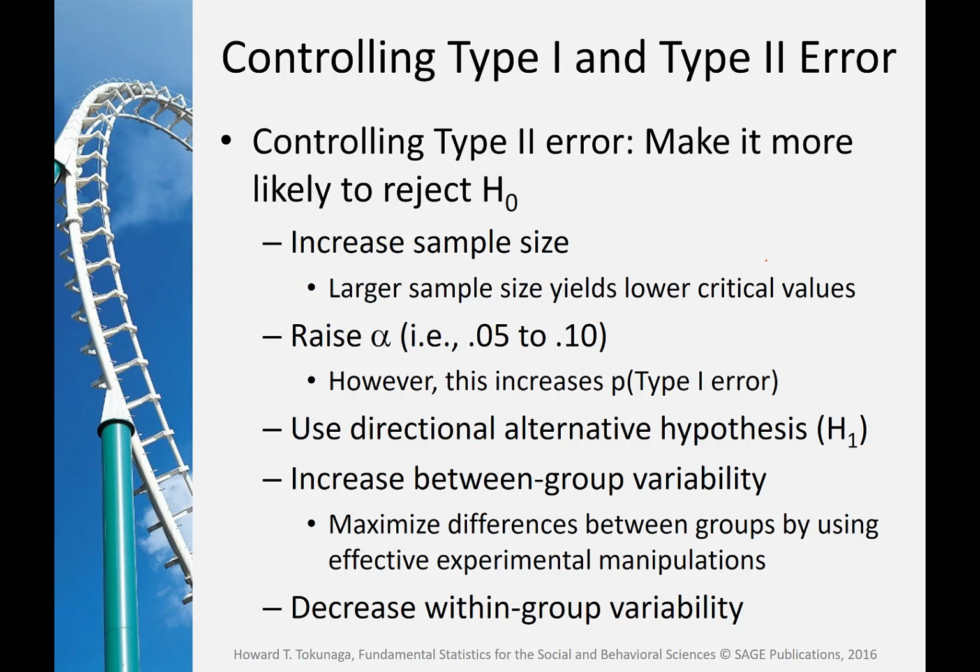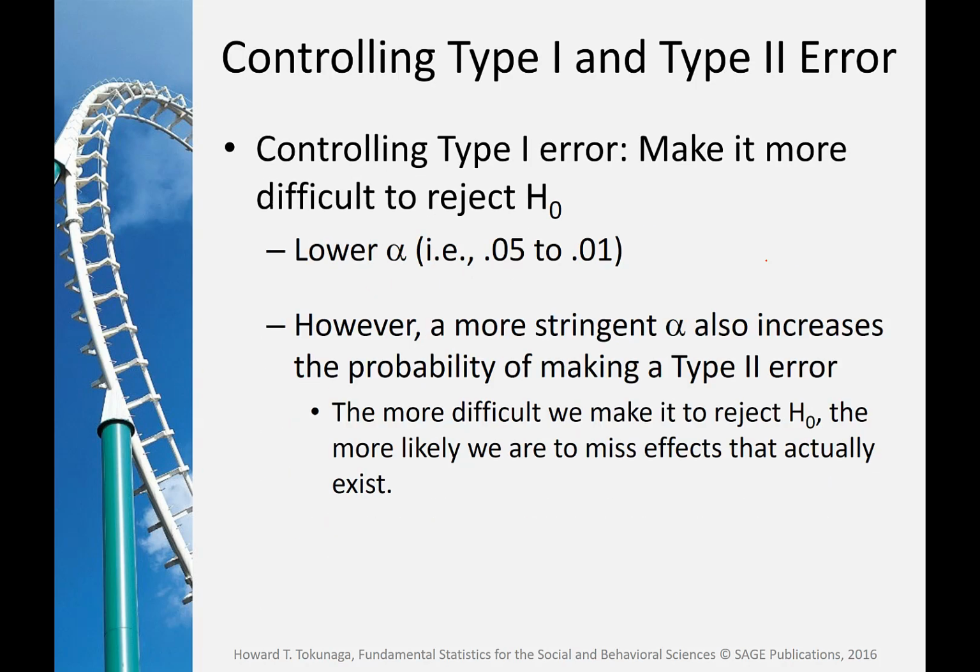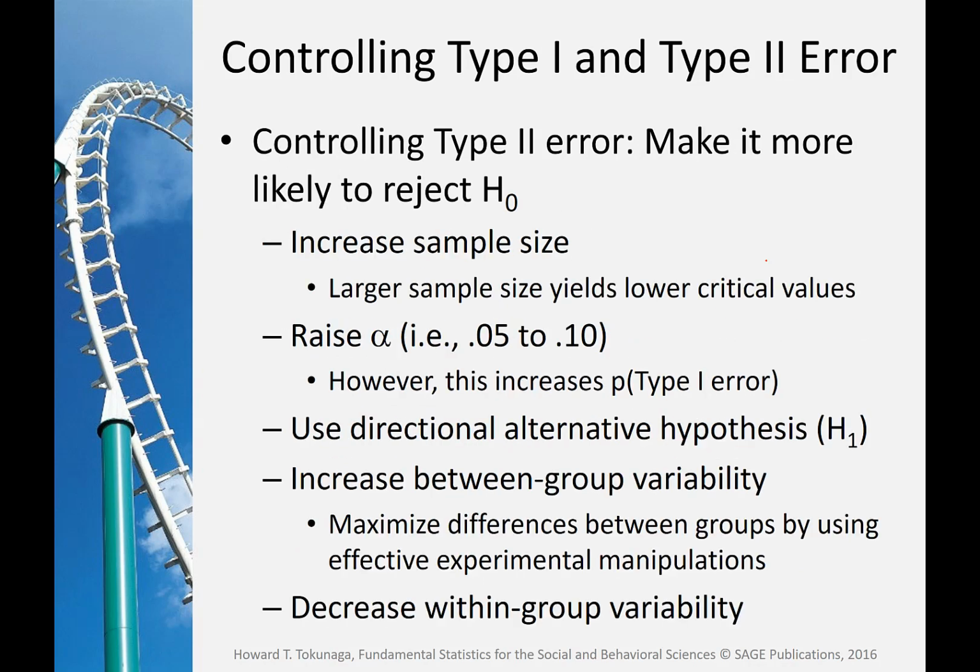You could raise alpha. However, we already discussed that would raise your type 1 error. Another thing you could do is use a directional hypothesis. And I'm guilty of doing this. I've done this before. A directional alternative hypothesis says you take the 5% and you put it in one of the tails.